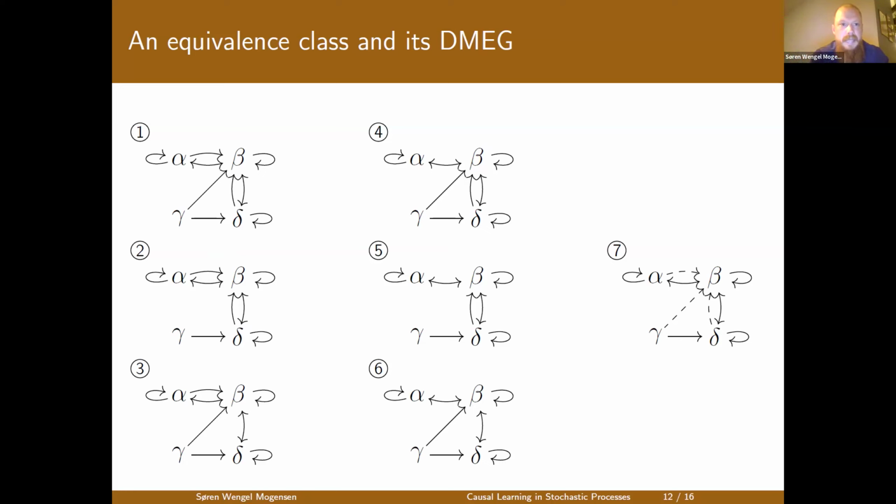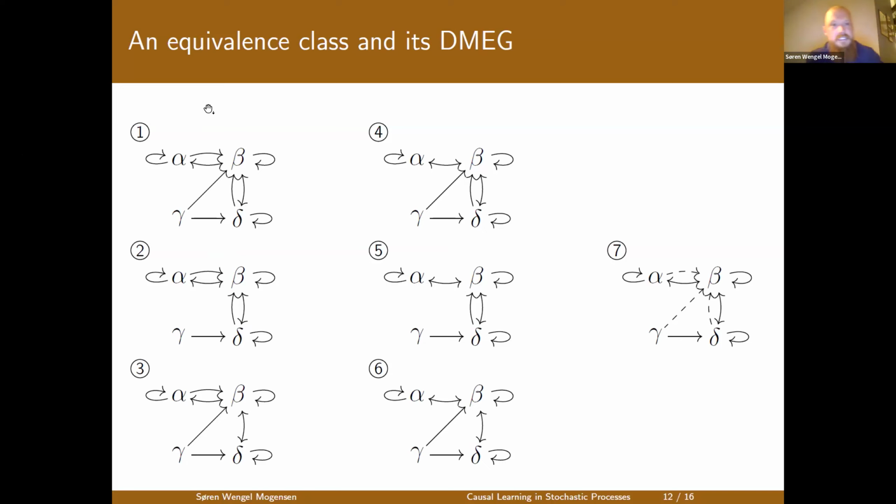So in this case, 1 is a supergraph of the other graphs, because if I take any other graph, say 5, and I take any edge in 5, say the bidirected one alpha to beta, that's also going to be in 1, right?